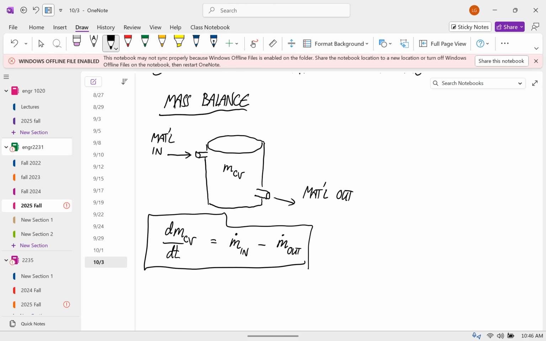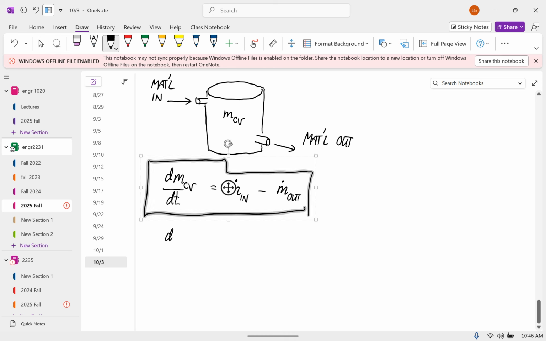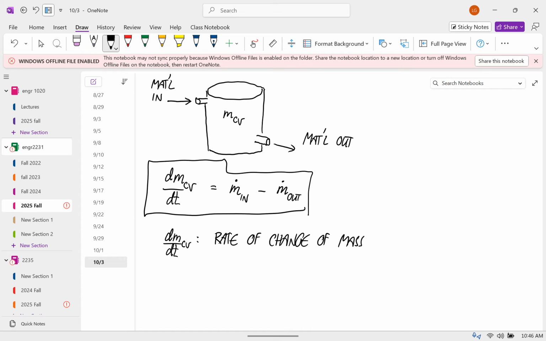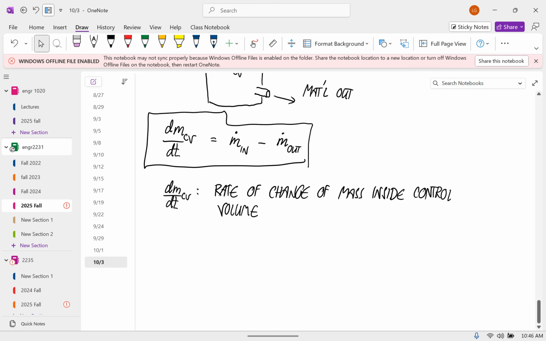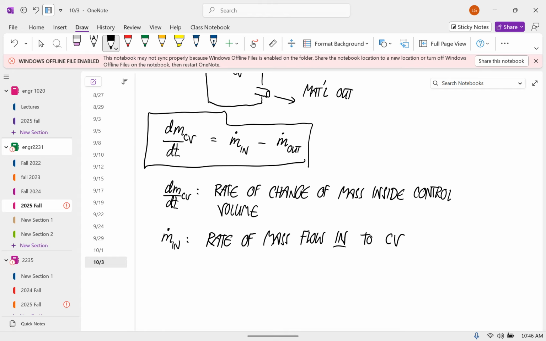So dm/dt for the control volume is the rate of change of mass inside the control volume. M dot in is the rate of mass flow into the control volume, and M dot out is the rate of mass flow out of the control volume.